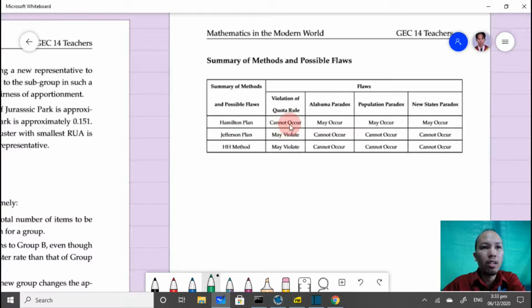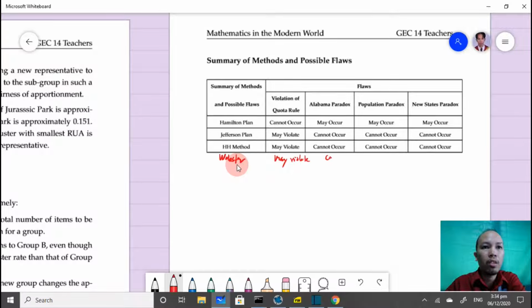But Jefferson, Huntington-Hill, and also the Webster, I'm going to put it here in red, Webster, may violate it. But it will not commit an Alabama paradox.